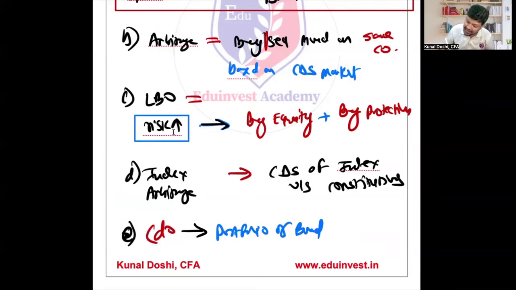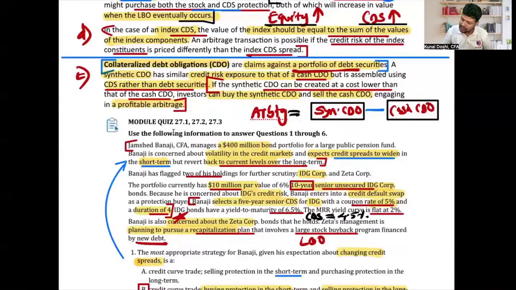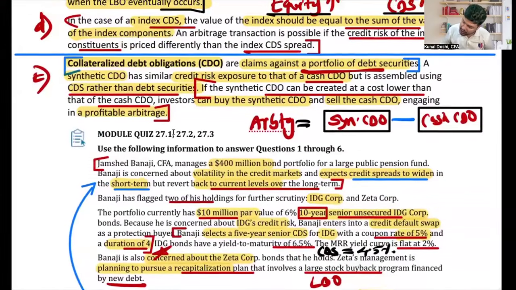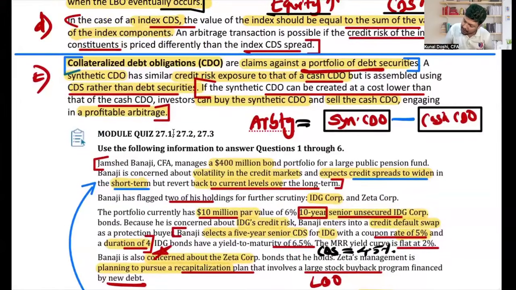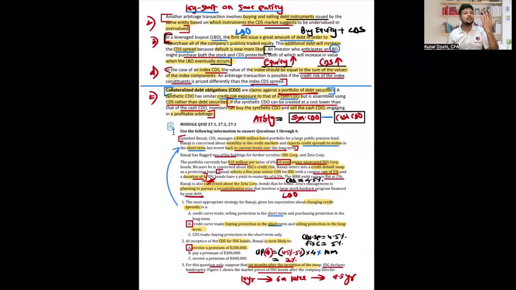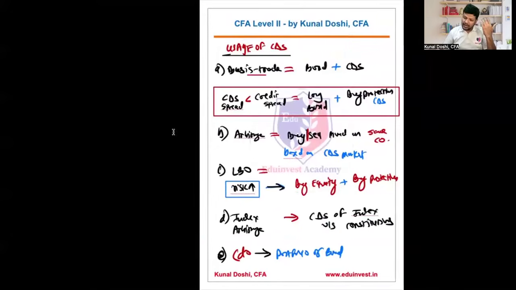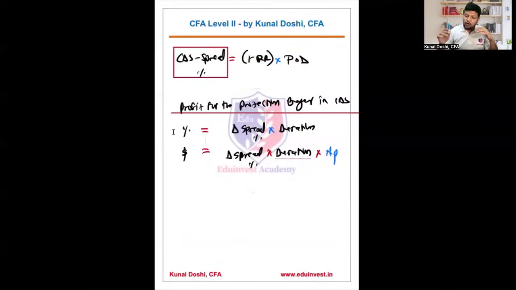And when you combine this CDO with CDS, it becomes a synthetic CDO. A synthetic CDO has similar credit risk to a cash CDO, and all those things are extra information, you don't have to worry. Just remember, combining CDO with CDS is also one of the strategies to utilize CDS.